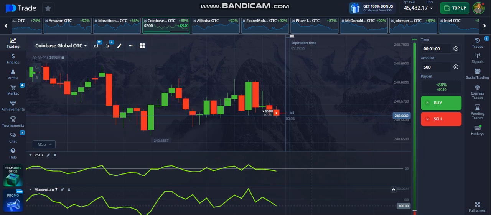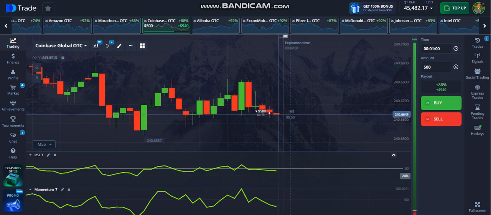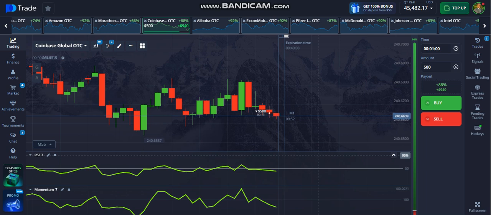So this suggests to me that there's a bearish momentum to the downside occurring here. So we're going to monitor this trade for the next 60 seconds and wait for the expiration.